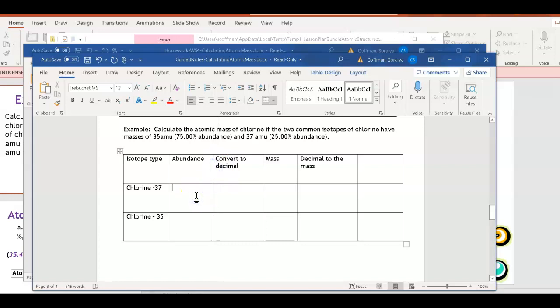This one is 37. Oh, excuse me. I'll switch that around. 35 and 37. It doesn't matter. I put it in the order that you read it. Okay, so the abundance is 75%, 75.00%. Very good job that this person did, that they added those 2 decimals. And then we have 25.00%, or those 2 decimals.